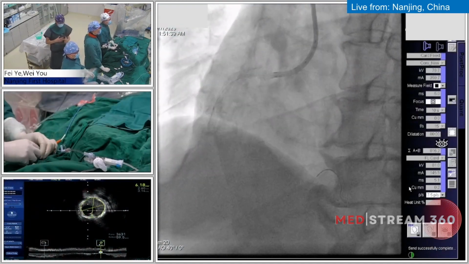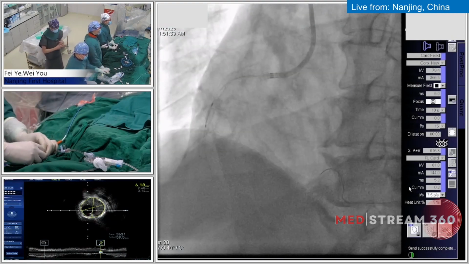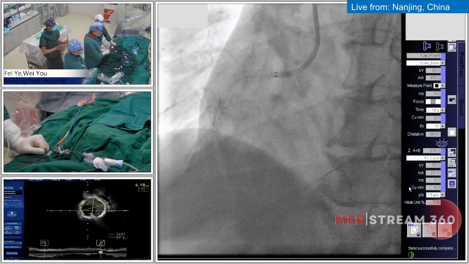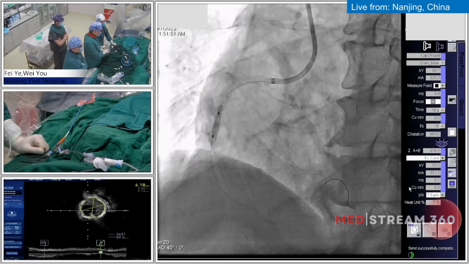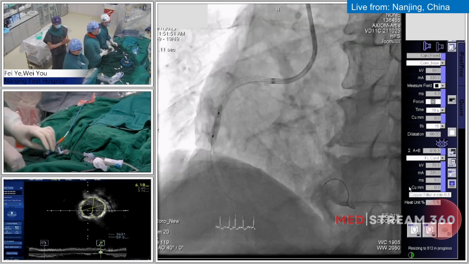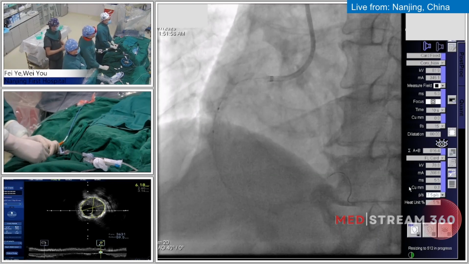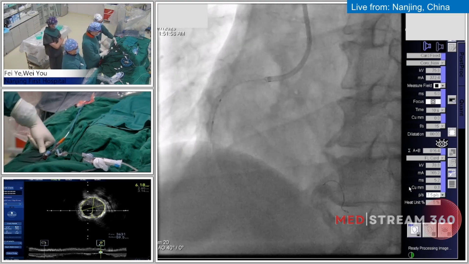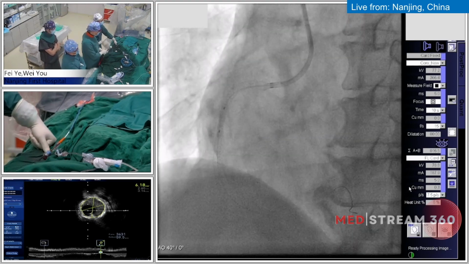If we use an NC balloon for predilation after the rotor, we cannot make multiple cracks of the calcification. If we use a cutting balloon, we can make many multiple cracks compared with the NC balloon. That's why we always want to use the rotor combined with cutting.